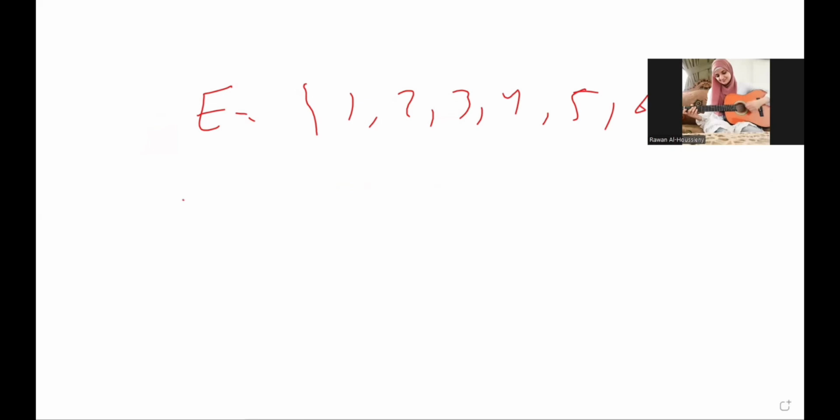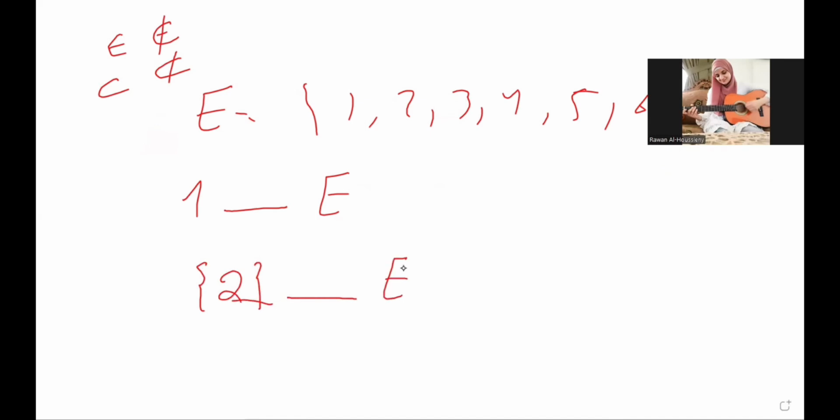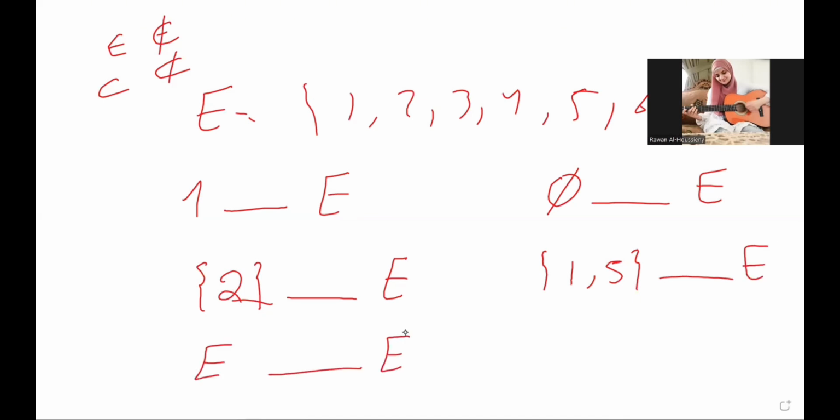For the number 1, I want to use belong, does not belong, or subset or not a subset to E. For the number 2 in a set, I want to see if it belongs to E or is a subset, I don't know yet. We will see. And we have the set phi with the set E, and the set 1, 5 inside the set E or not. And we also have the number 8 with the set E. Okay.